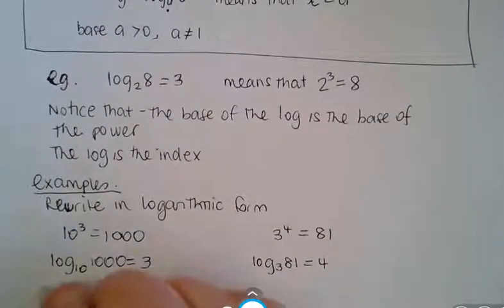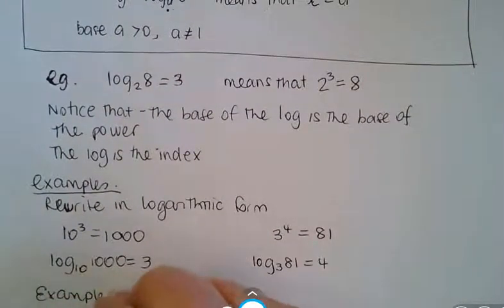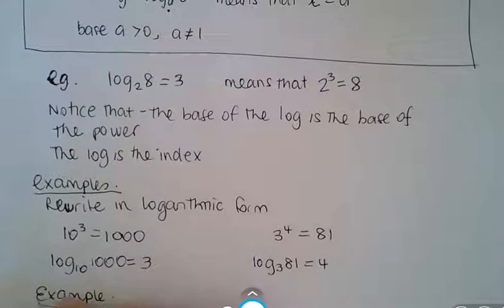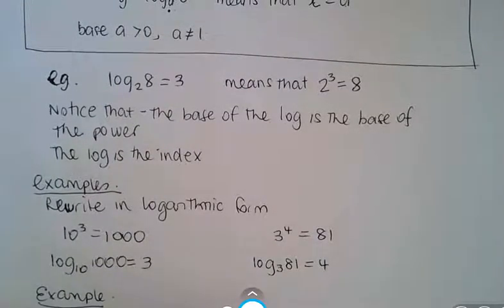Another example. Rewrite these in index form. So we're just learning to go from one form to the other. Log to the base 2 of 16 is 4. And log to the base 3 of 27 is 4.